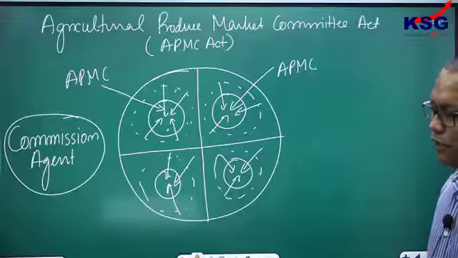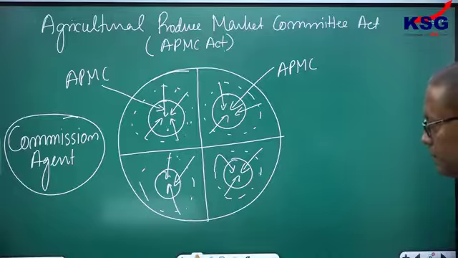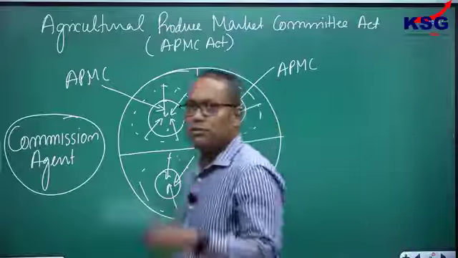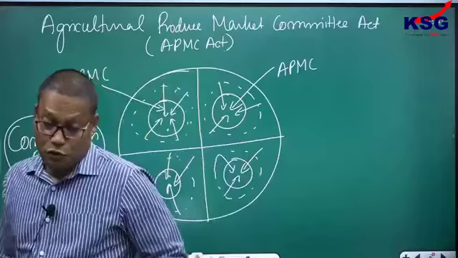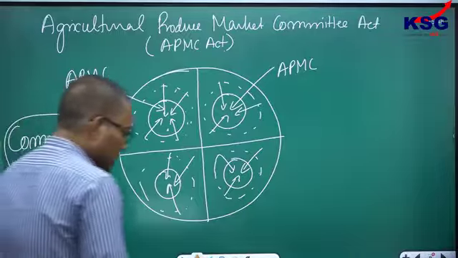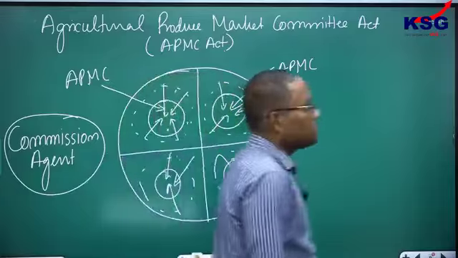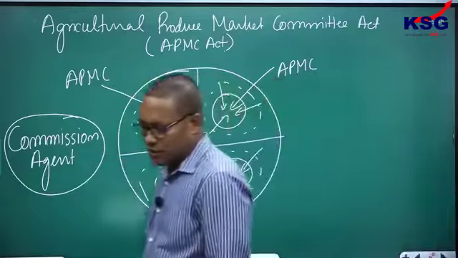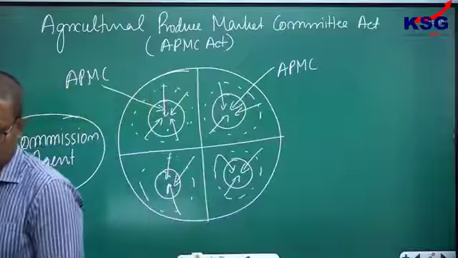Abolition of fragmented markets. You are trying to create a uniform, unified market, not fragmented markets. Next you write seamless transfer of agricultural commodities from one place to another.